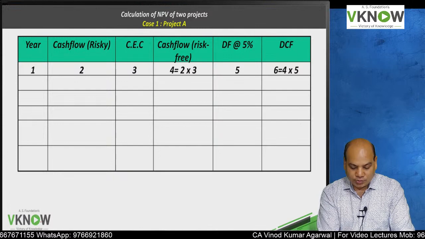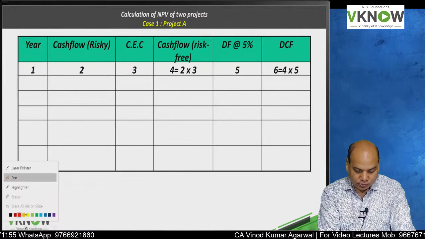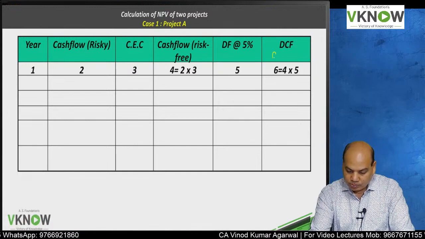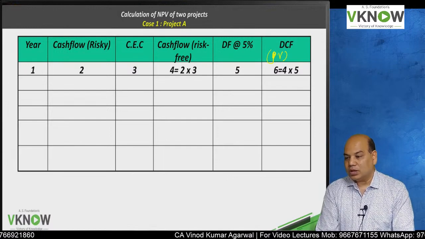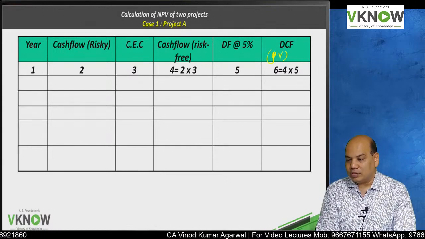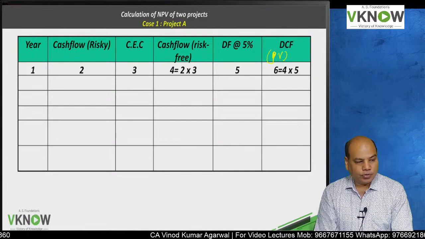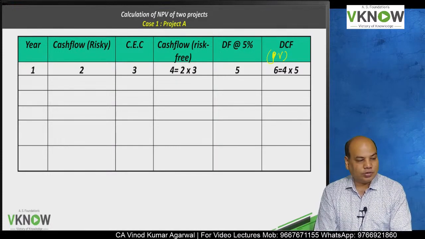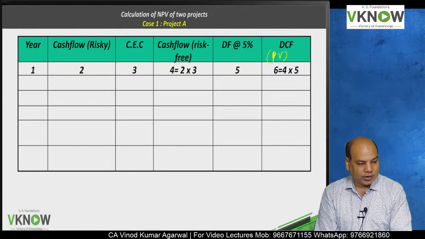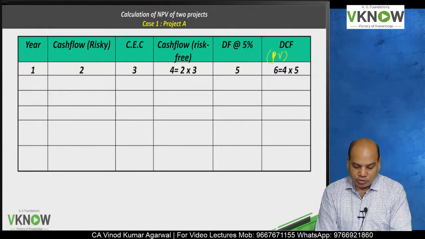Discounted cash flow means present value of cash flow. You can write present value if you are comfortable with the term. Column number 1, 2, 3. 4 is 2 into 3. 5. 6 is equal to 4 into 5.